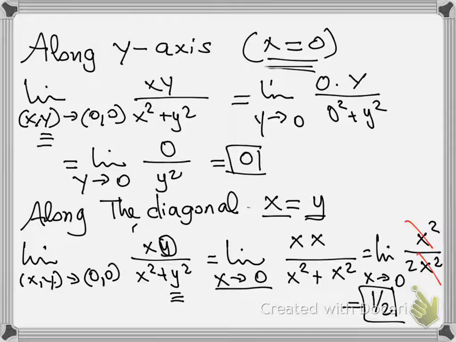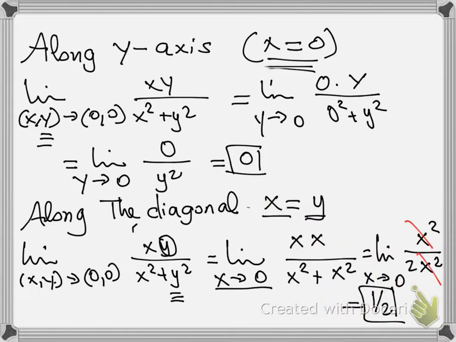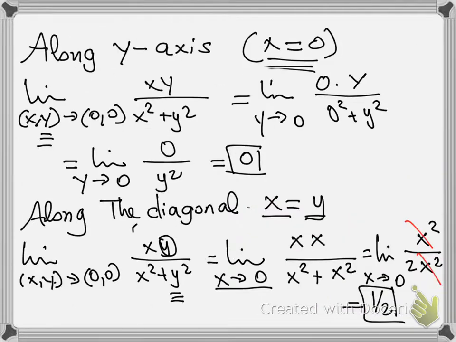So you see here, if you approach (0, 0) along the diagonal x equal to y, the limit is not 0, the limit is half. So you get a different limit, right? When you approach (0, 0) along the x-axis, we got 0. That's the first limit. When you approach along the y-axis, we got 0.